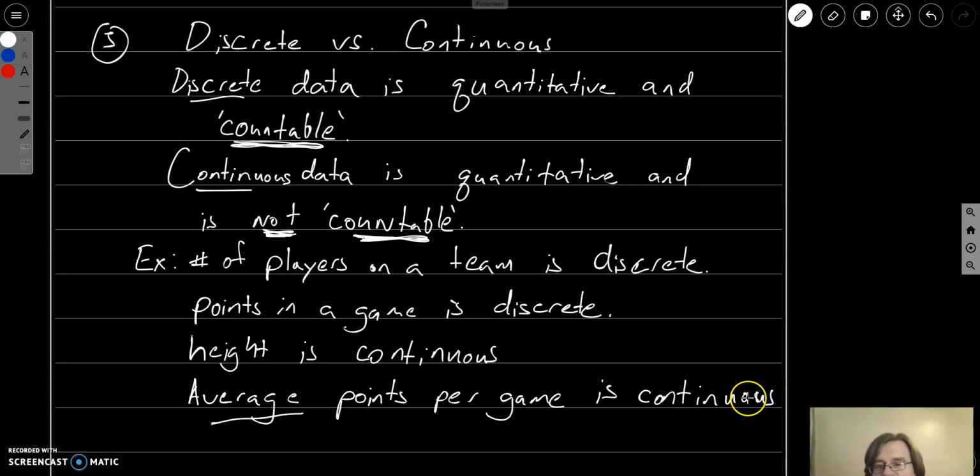Maybe I score on average 10 points a game, but maybe I score 10.5 points a game. Maybe on average I would score 9 3/4 points in a game. When you take averages, things become a little bit more continuous, and there is no next number in line.